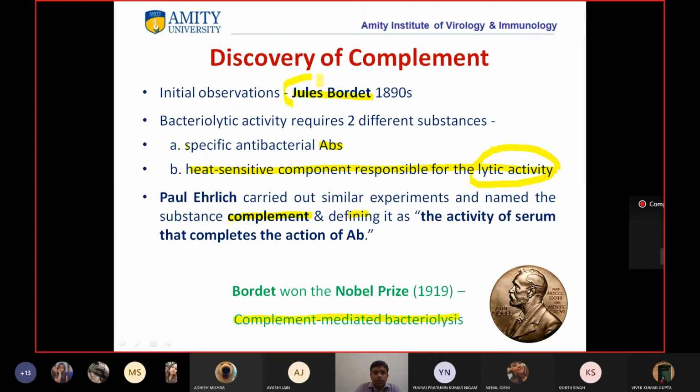Initial observations were by Jules Bordet, and later on Paul Ehrlich also worked on this and termed it the complement system, because he said that something apart from antibody is complementing the work of an antibody and leading to the lysis of the bacteria.